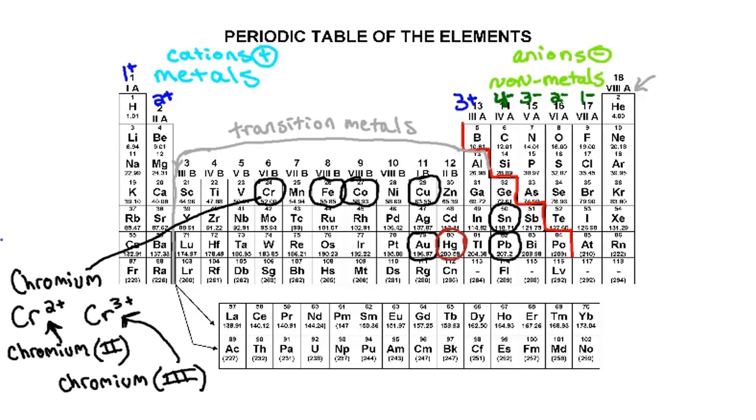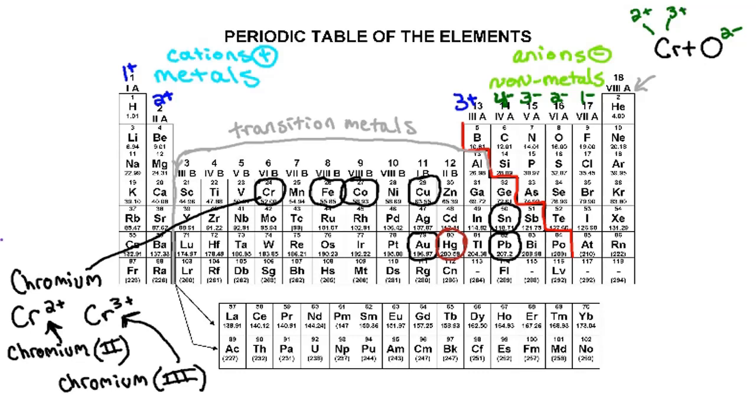So you're going to want to keep that in mind. Say for instance, up here at the upper right hand of the screen, we want to put together chromium and oxygen in an ionic compound. Well, oxygen is going to have a 2 negative charge, and chromium could have a 2 positive charge or a 3 positive charge.